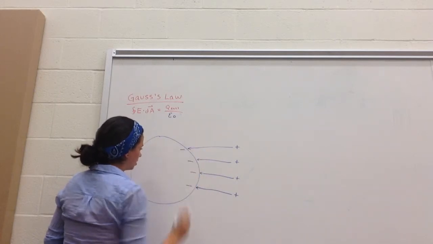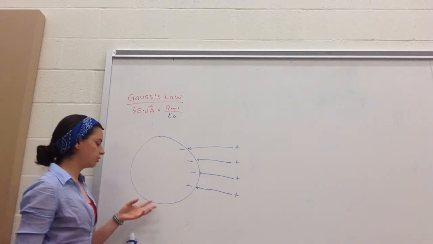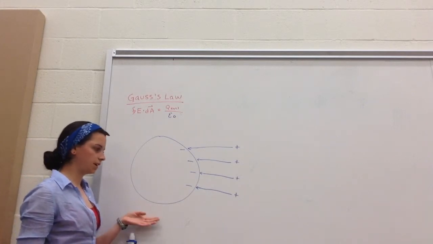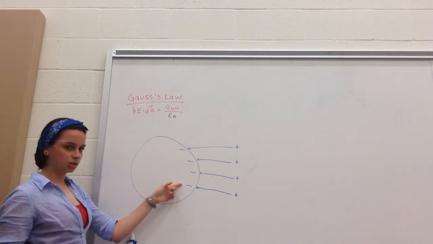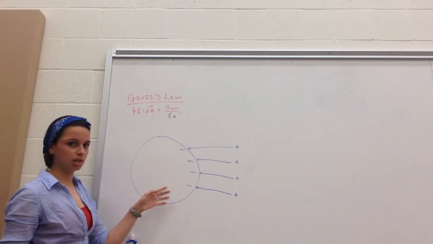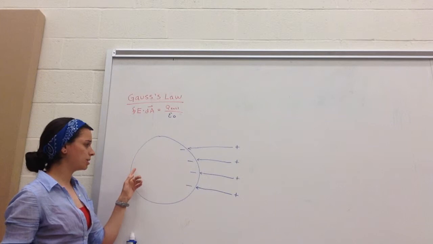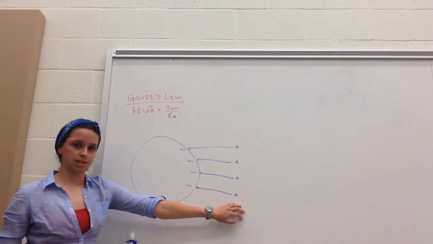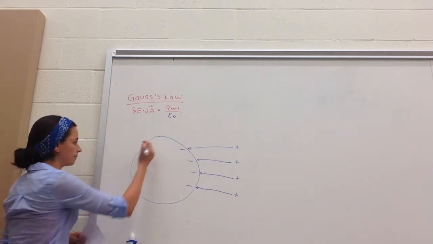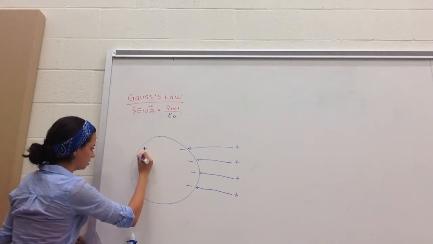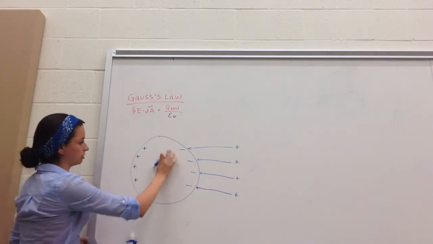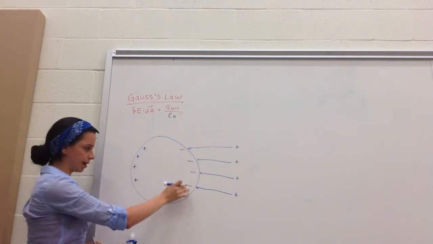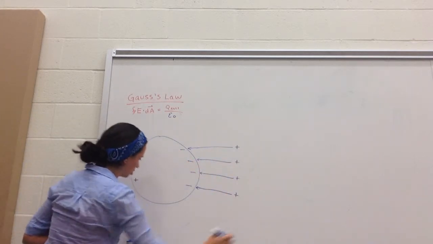Right? Now, this is a neutral metal conducting sphere. So for every one of these negative charges, it must have a positive charge. And these positive charges show up as far away from these ones as they can, because like charges repel. So you end up with 4 positive charges to balance out these 4 negative charges, which have balanced out these 4 positive charges.